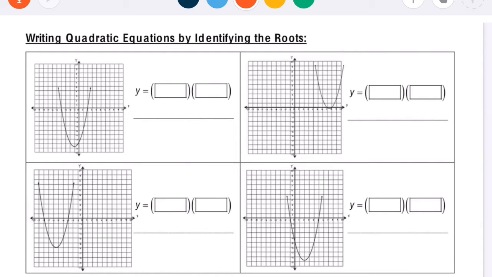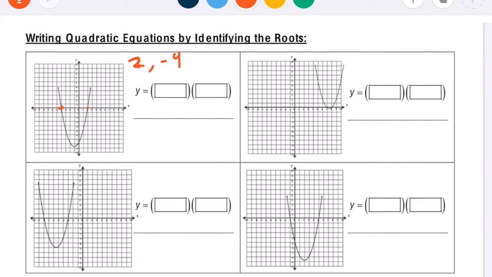So if we look at this first problem, we can see that it is going to cross the x-axis at 2 points, and it is crossing at 2 and -4. So my solutions, or my roots, are 2 and -4.